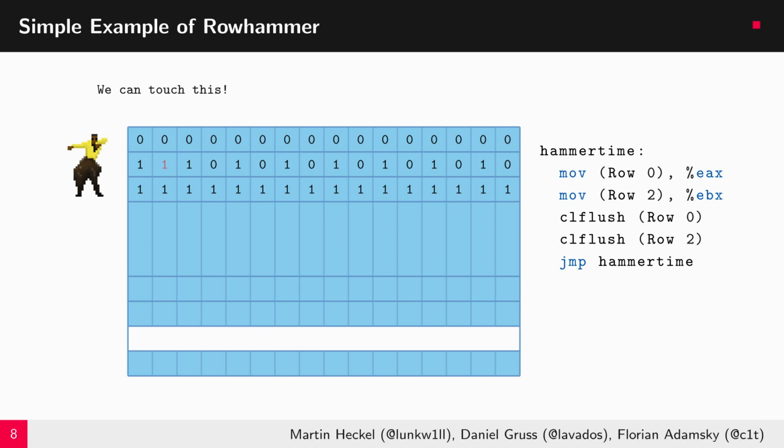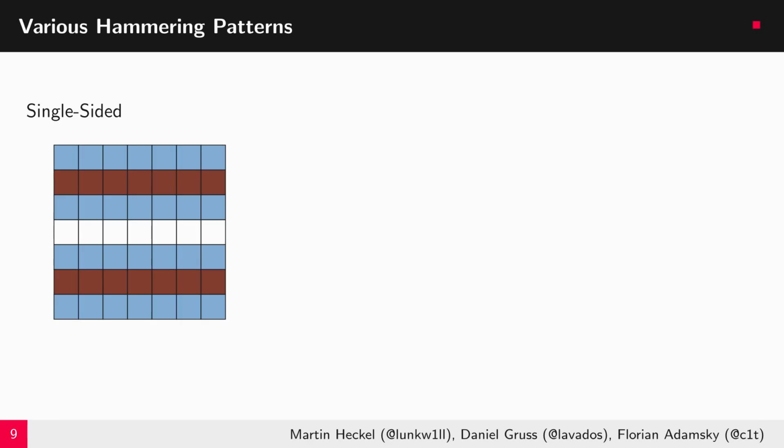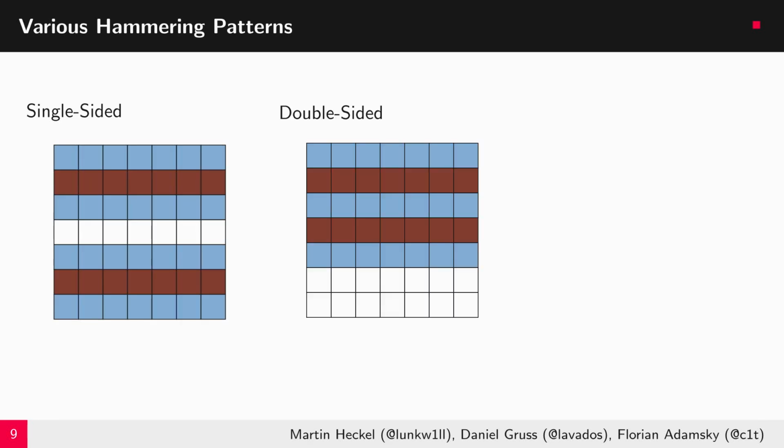Yeah, there are multiple hammering techniques. The ones that were first described in the 2014 paper and then also by Seaborn from Google in 2015 were single-sided hammering and double-sided hammering. Single-sided hammering just takes random locations, a bunch of them, and hopes that some of them go to the same DRAM bank, and then you have this effect that multiple rows are opened and closed alternatingly.